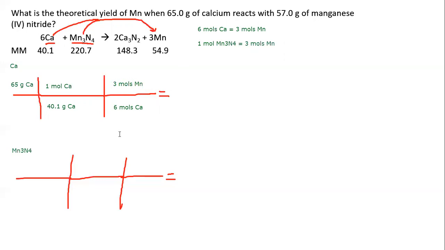We do the same thing for manganese 4 nitride. We're going to divide by the molar mass to get the moles. Then we're going to convert it to moles of manganese. Here it's a 1 to 3 relationship.